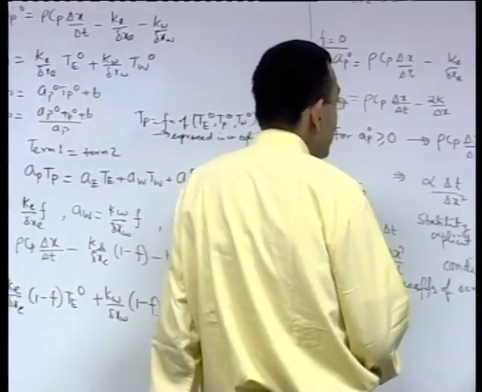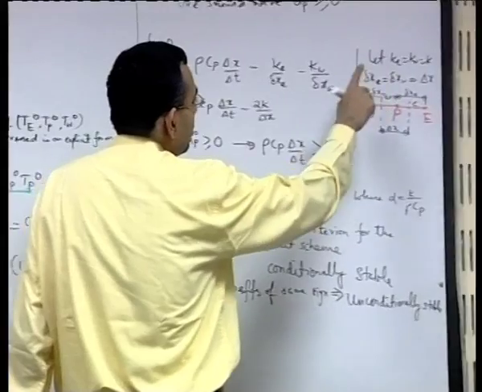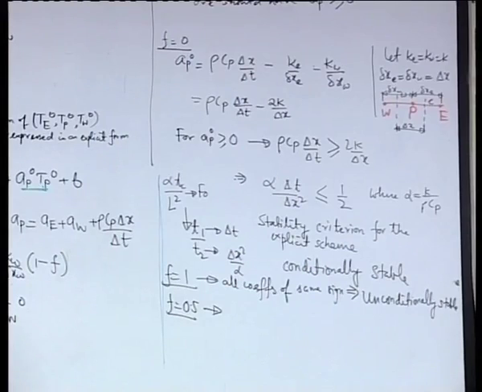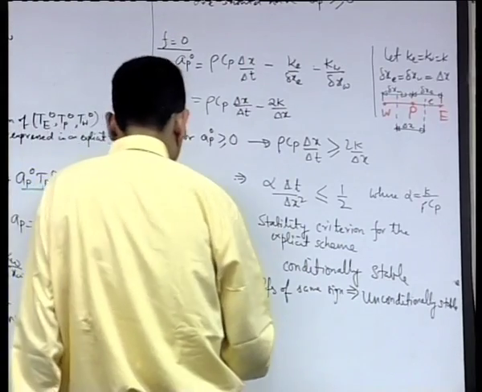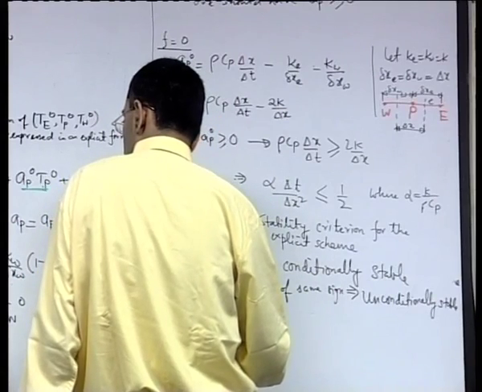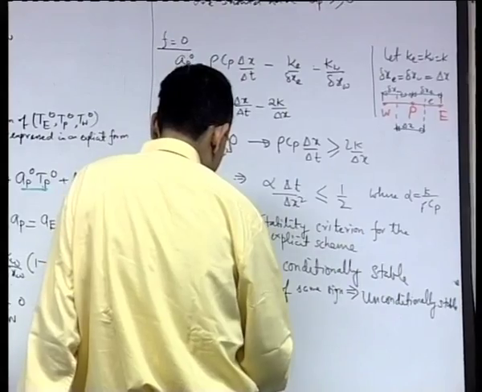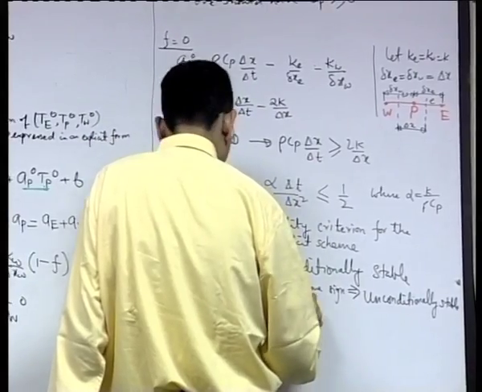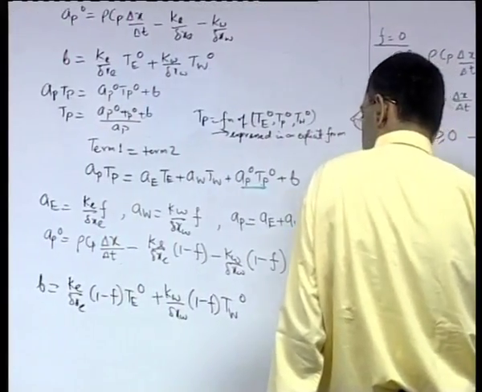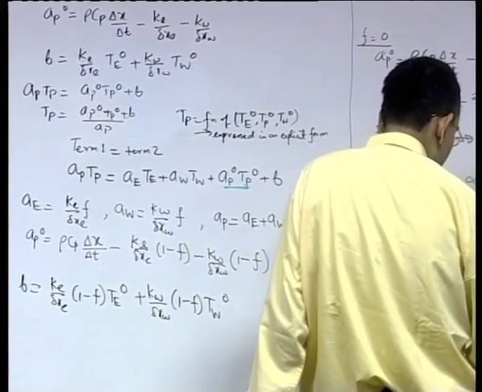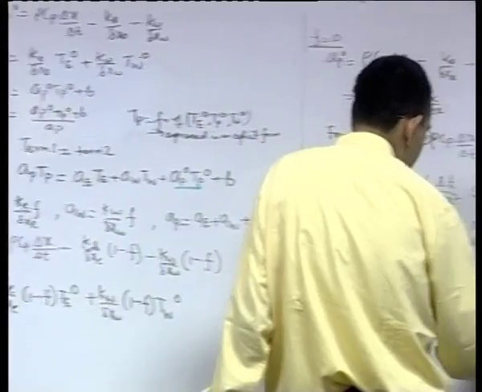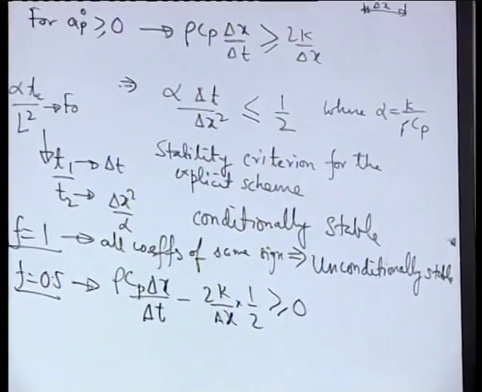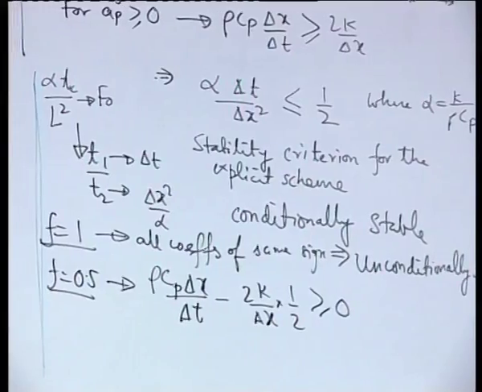So if you consider the same case with all the thermal conductivities throughout the domain being the same and uniformly spaced grids, then you have the stability criterion as rho Cp delta x by delta t minus 2k by delta x into half, because f is equal to half.